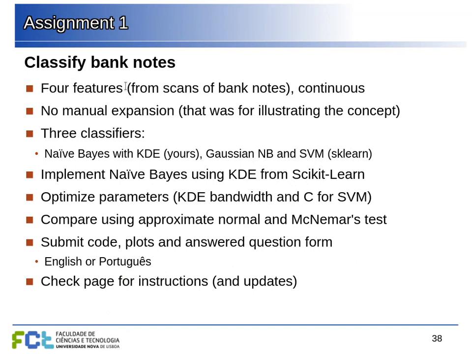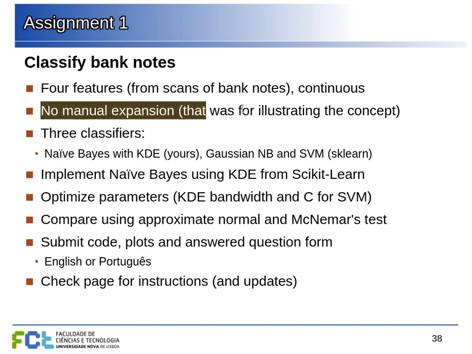You have features extracted from scans of banknotes, and the idea is that some banknotes are fake, some are real banknotes, and you need to train the classifier to be able to distinguish them from these features obtained from the scans. You're not going to do manual expansion.